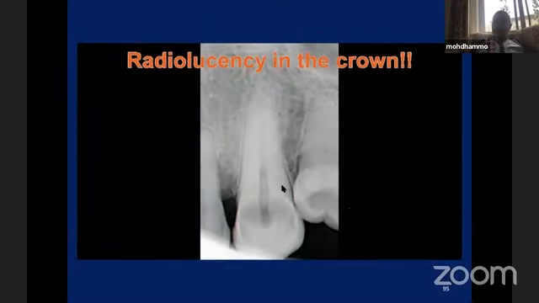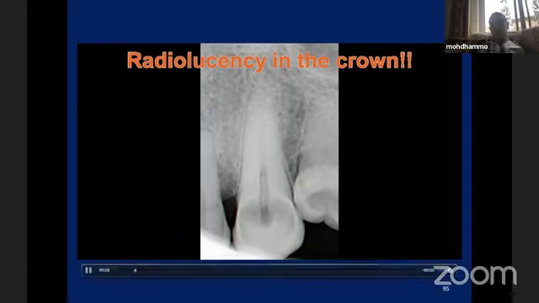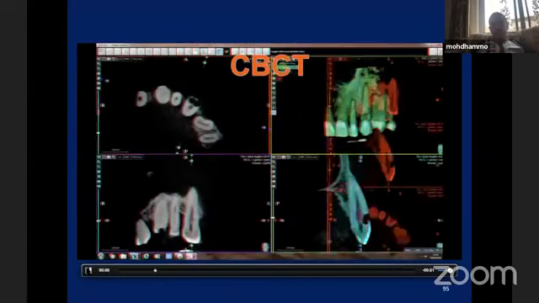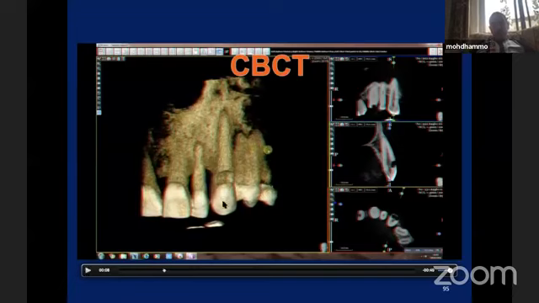Let's see the CBCT, small field of view for this canine. You can notice here this is the cervical resorption, which we could not appreciate how much is the extension of this resorption depending on the periapical X-ray. Let's continue this video.